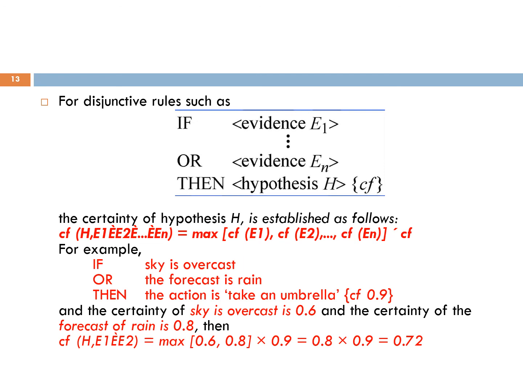Then for the certainty factor of the hypothesis to take an umbrella given the evidence overcast and rain, you need to find the maximum certainty between the overcast and the forecast is rain. So in here we have 0.6 and 0.8, then we need to take 0.8, the maximum. If the maximum, then we can get 0.8 multiplied by 0.